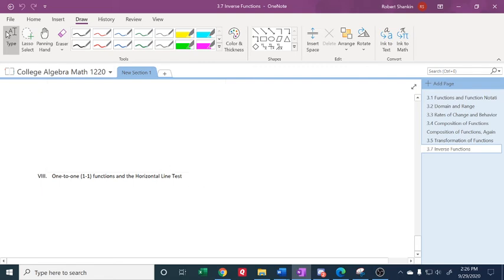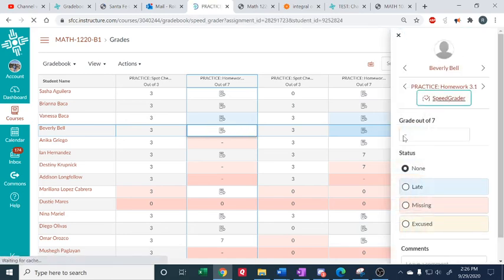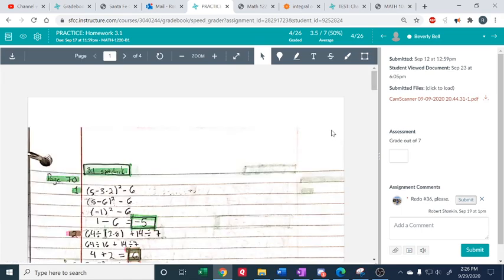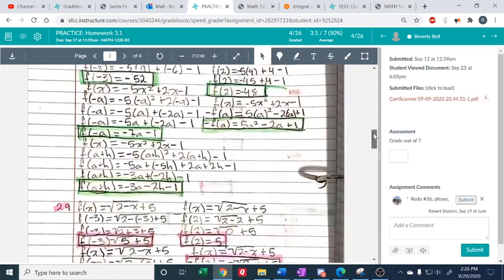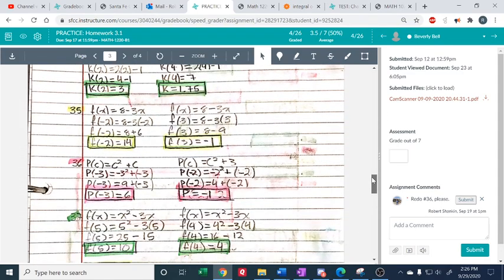Okay, all right. So let me come to your, there was something in one of the homeworks. Let's start with the 3.1. That was number 36. Yeah, I think it said redo 36.